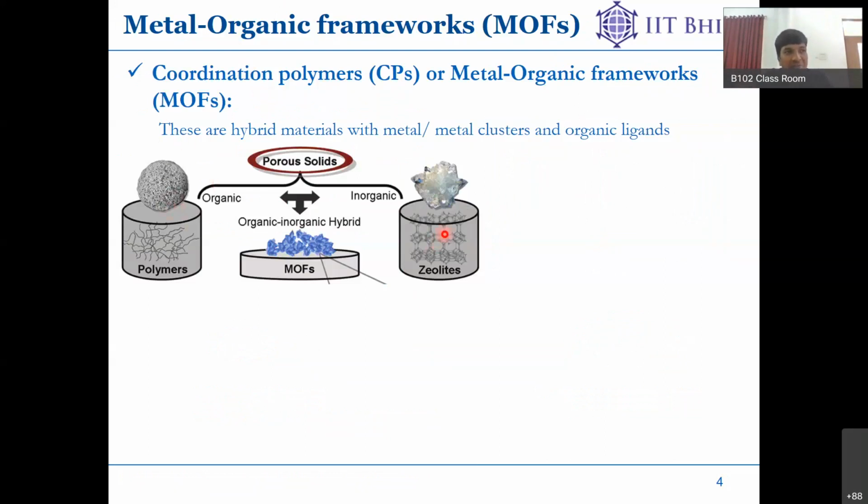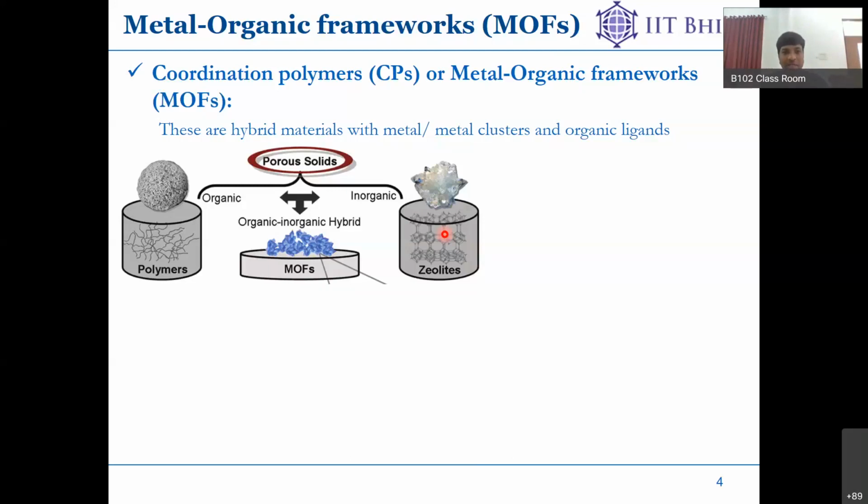I hope you have a brief idea about organic polymers, where organic monomers are polymerized into long chain polymers. This is a purely organic system, which includes carbon, hydrogen, nitrogen, sulfur and oxygen. No other element is usually expected. There are no metals in the system. This is called organic polymers.